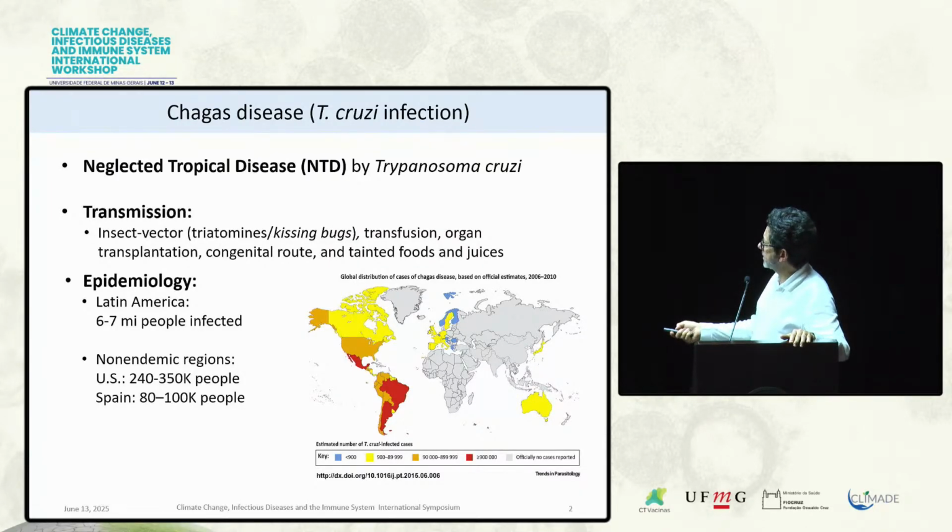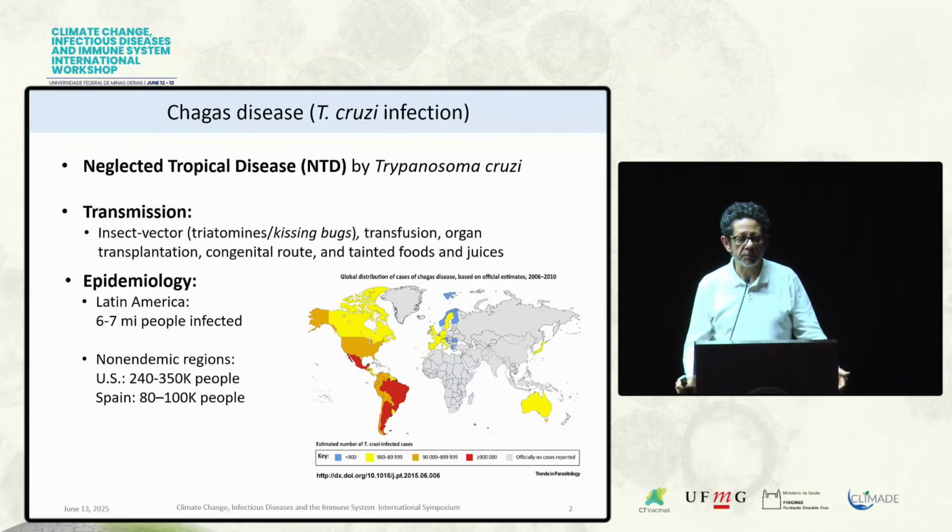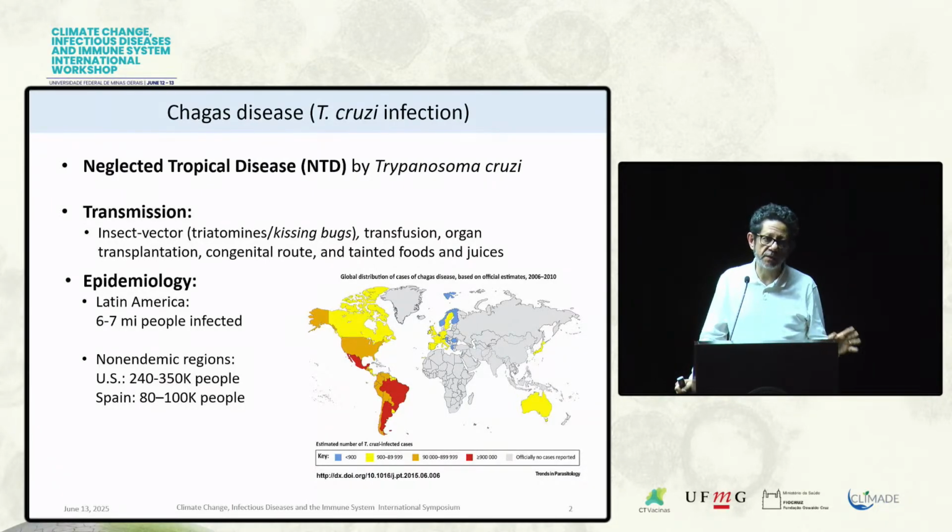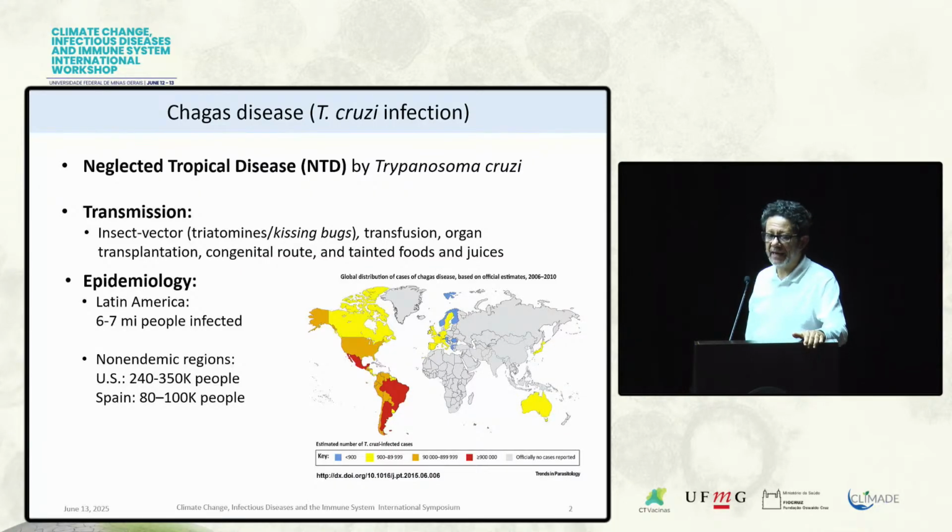We have an estimated 300,000 people infected in the U.S., but this is really a very low estimate. There's not been any survey in the U.S. so far, and we believe that this number is just in Texas, based on the data we have in El Paso.